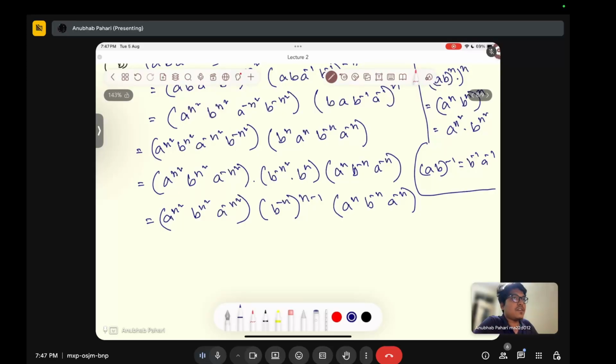So from here again you can write it as a^(n square) b^(n square) to the power minus n minus 1, to minus n square, a^n b^(minus n) a^(minus n).